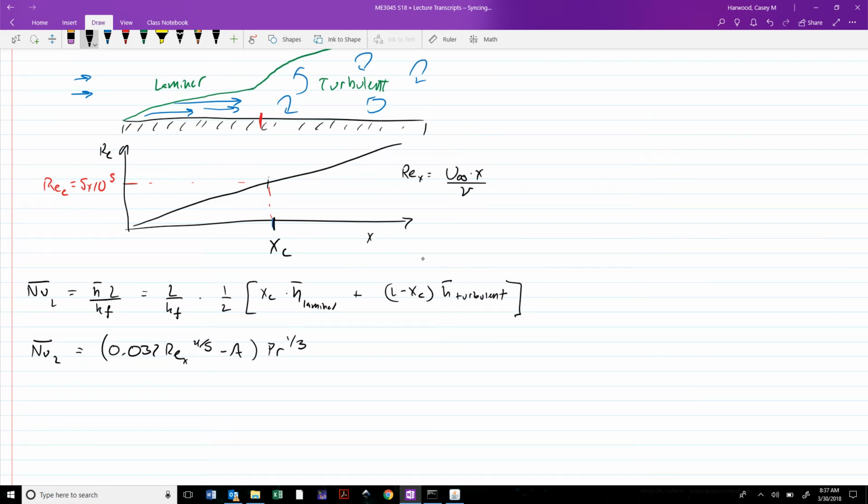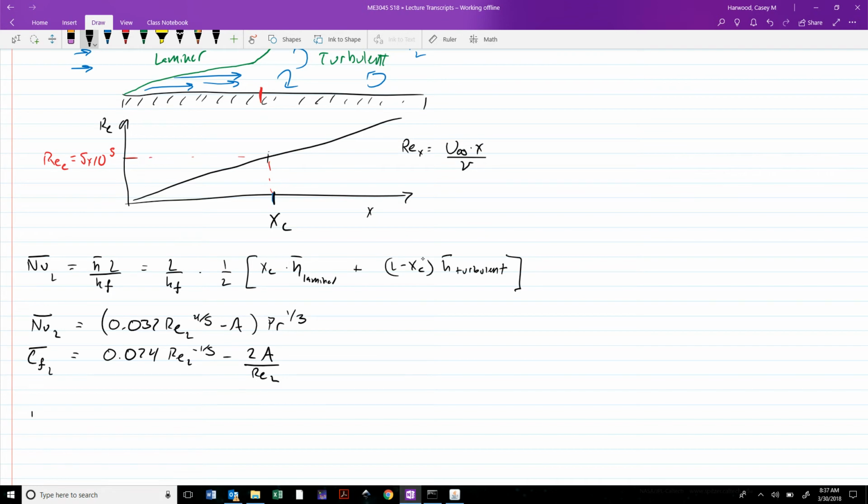If we wanted, we could do a similar thing with the drag coefficient. We would find that C_f,L is equal to 0.074 Re_L to the negative 1/5 minus 2A over Re_L, where Re_L is the Reynolds number based on length. The coefficient A is a function of where and how the transition from laminar to turbulent flow occurs.